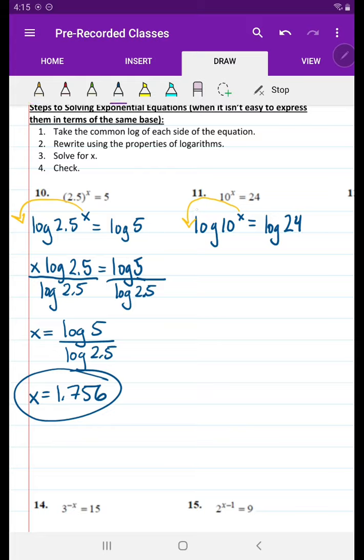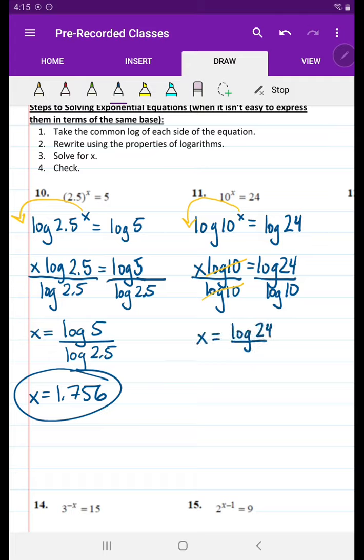So you'll have x log 10 equals log 24. And so then we want to divide both sides by log 10. Right? And so if I do that, they cancel on this side. And so then I'm left with x equals log 24 divided by log 10.